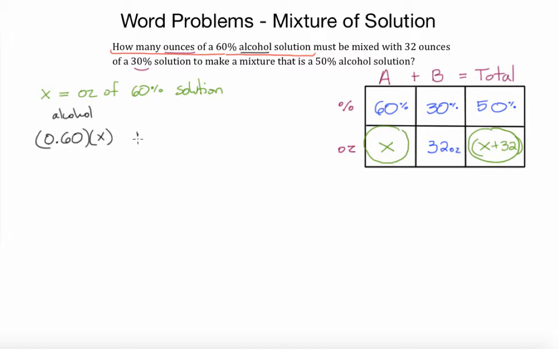And I'm adding to that 30%, so 0.30, got to change it to a decimal, of 32 ounces. I'm finding the alcohol content in that part, equals a total that is 50%, so 0.50, of the total amount, which is x plus 32. That's the total amount of ounces, x plus 32. That's the total alcohol.